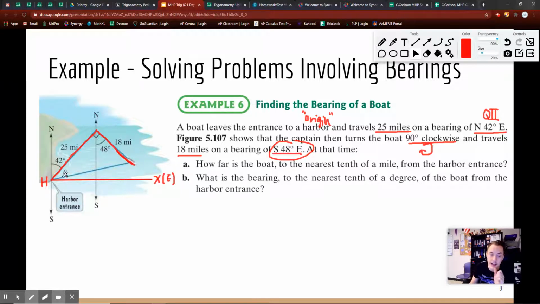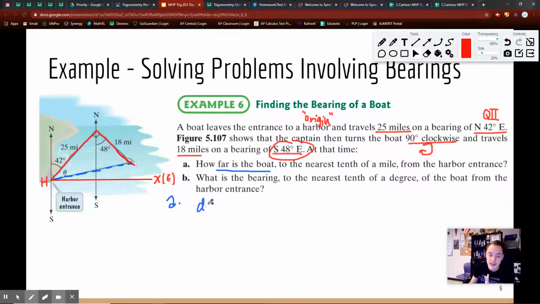Here's what I want to find. A, in blue: how far is the boat from the harbor entrance? So that's A. Let's get started. If this is 25 miles and this is 18 miles, and it's given to us in the problem, how can I find that? That's just a simple straight up Pythagorean theorem.